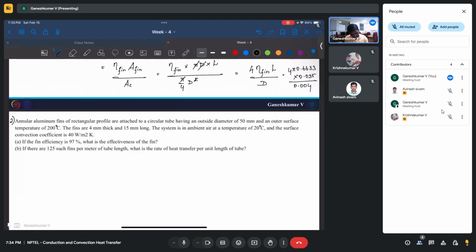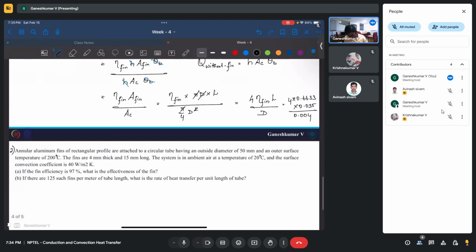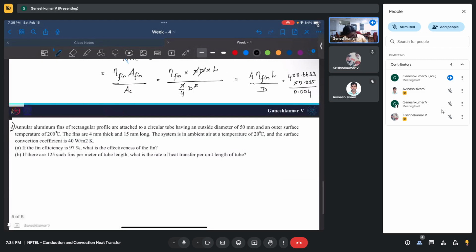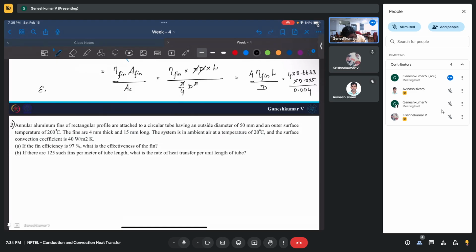So if you perform this calculation, I am getting effectiveness something like 23.2. So please let me know if there is some error in my calculation, but this is what I'm getting.